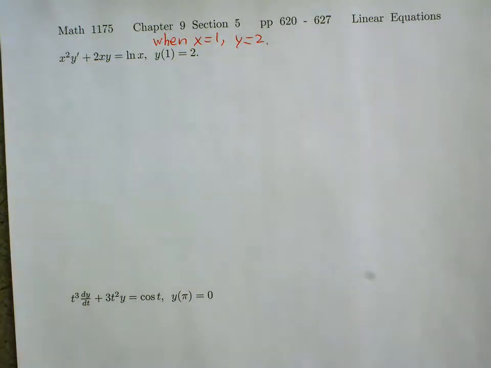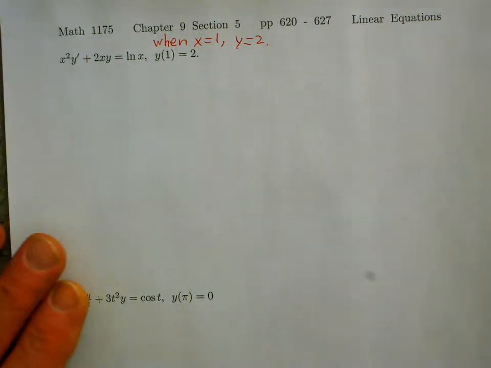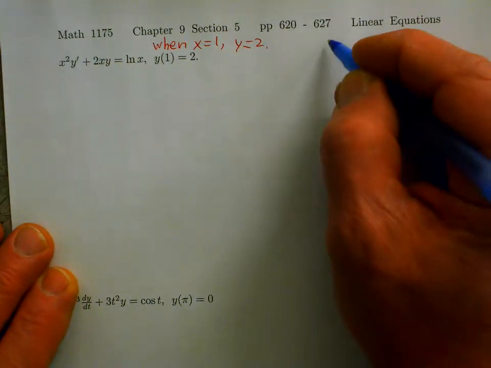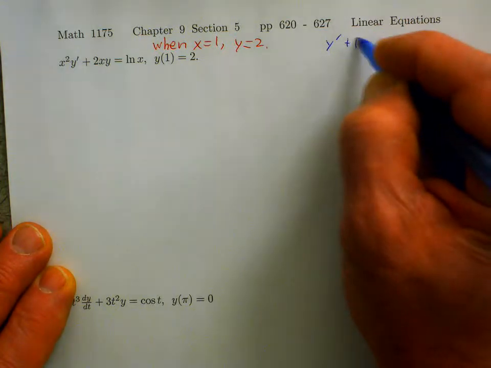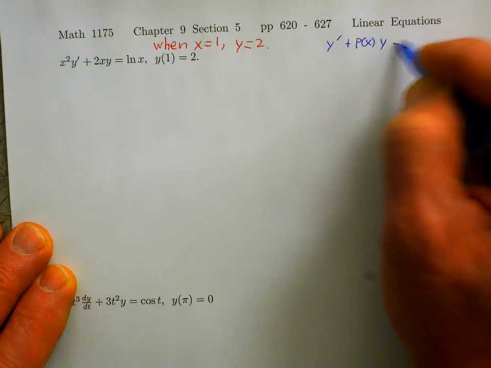Okay, so what should we do to start with on this one? x squared times y prime plus 2xy equals the natural log of x. Divide by x squared. Yeah, we can start by dividing every term on both sides by x squared, right? Because in general, we want the form to be y prime plus p of x, y equals q of x.